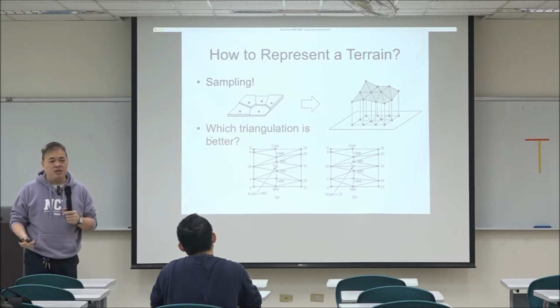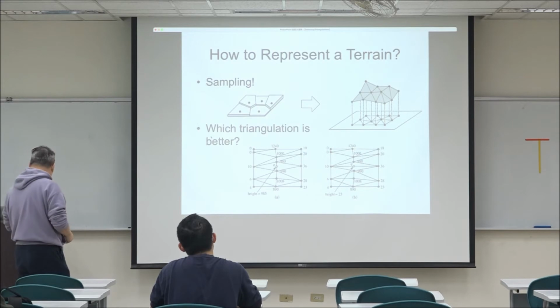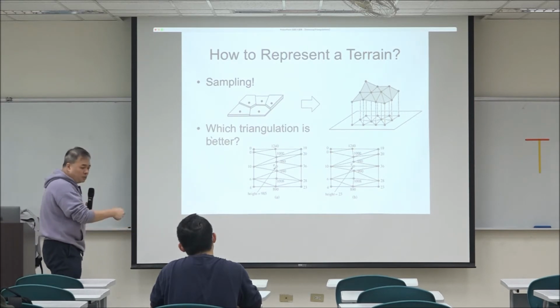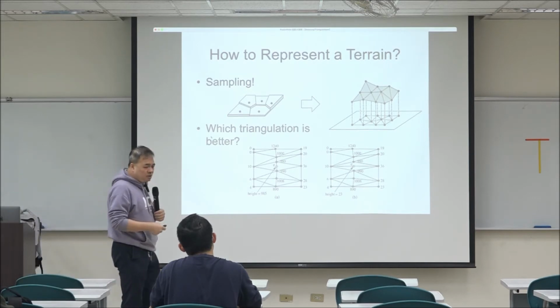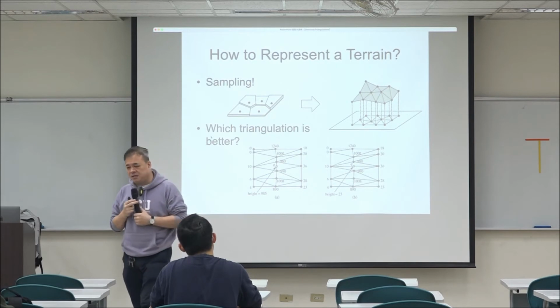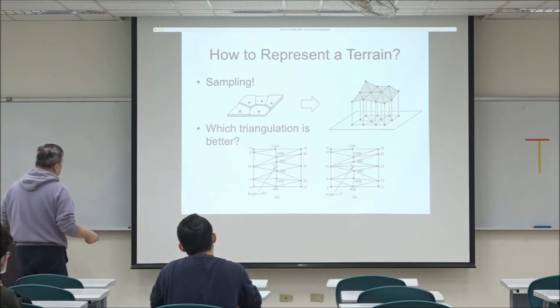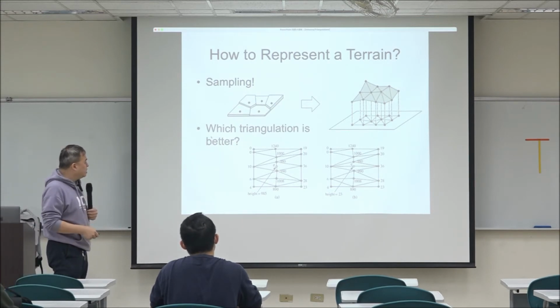Even though only 5 students agreed on the left-hand side, nobody agreed on the right-hand side anyway, so I will assume the left-hand side is more intuitive. But how do we define these things? How do we say one triangulation is better than the other?